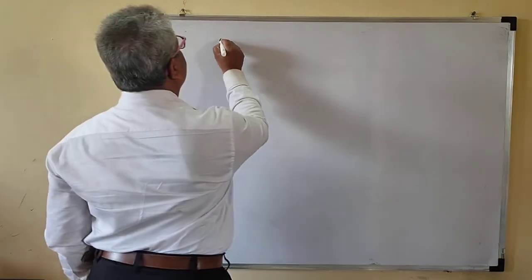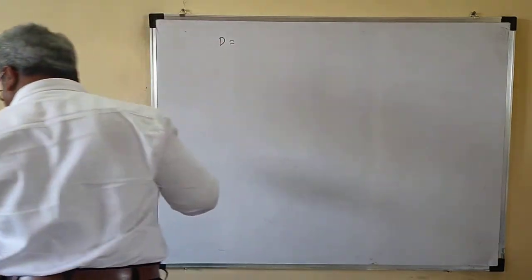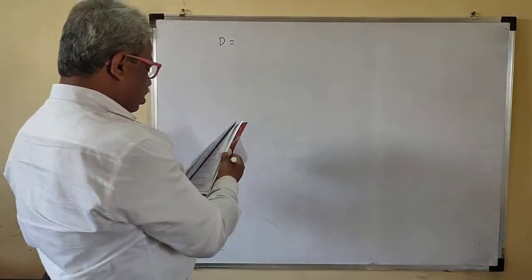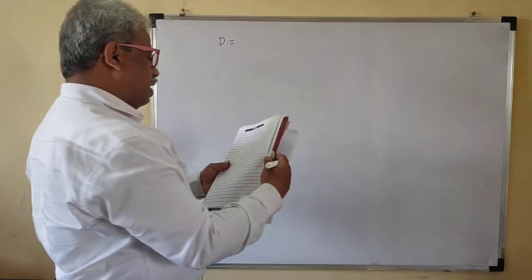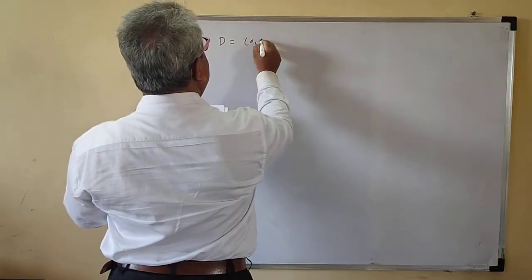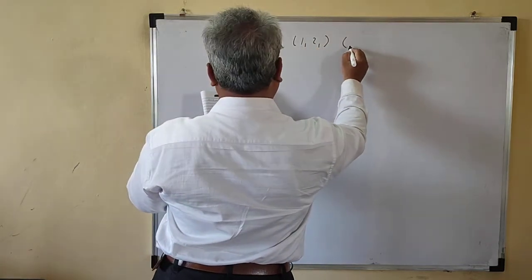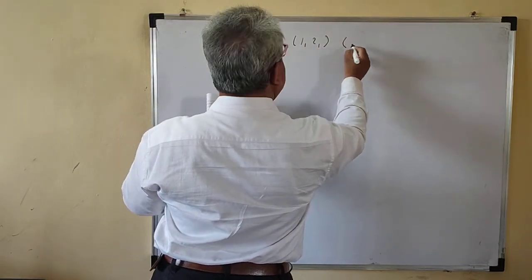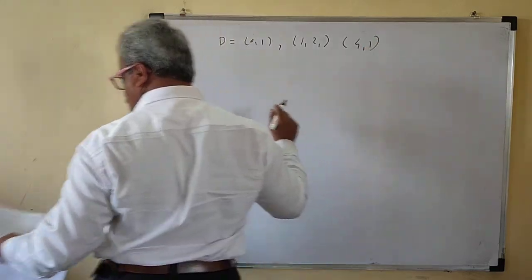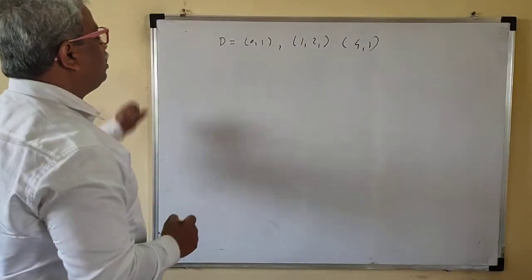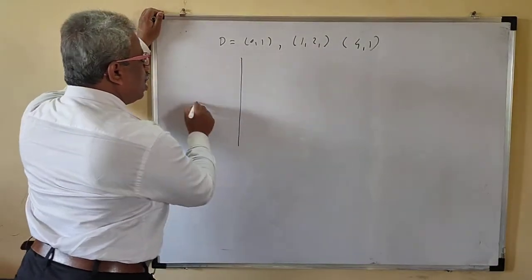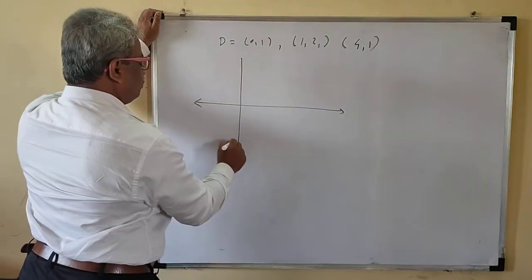Okay, now suppose we have the region D like this. Suppose we define the region with 0, 1, 1, 2, and 1, 2, and suppose this is 4, 1. If you have a region like this, how do you identify it?